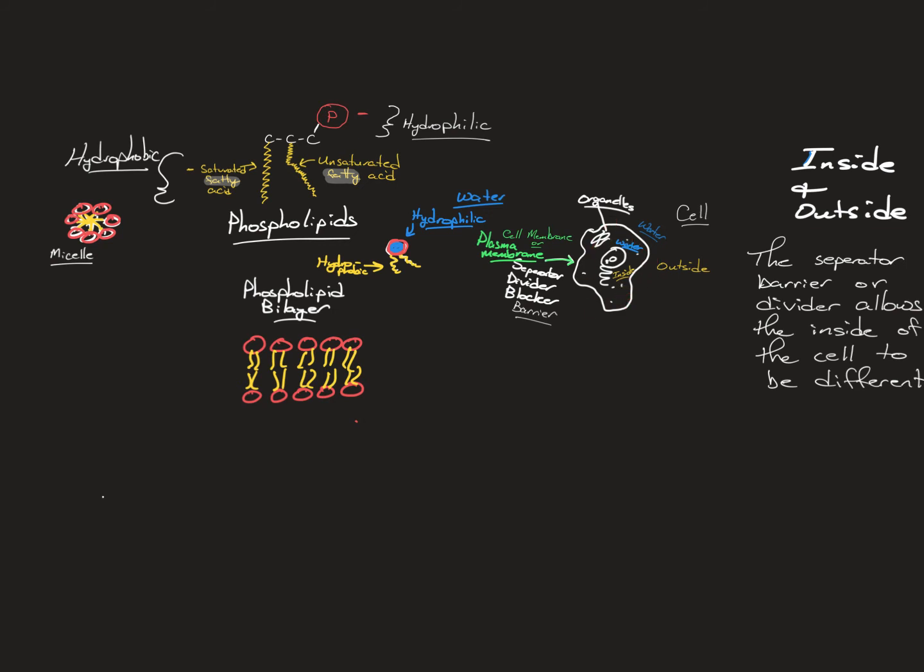What's the problem with that being just a blocker if it's all the way around the outside of this cell? Yeah, you can't get any food in. You can't get any materials in, and you can't get stuff out. Look, if something's alive, and all of you know this, they got to eat and they got to poop.